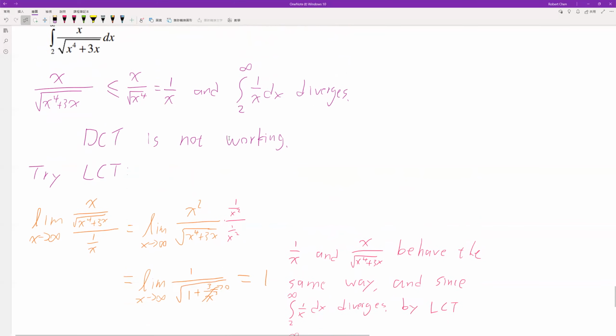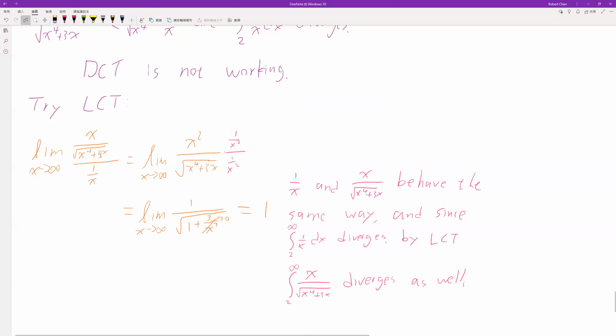So we have to use the limit comparison test, comparing these two functions, and we have shown that they actually behave the same way. Therefore, we can say that if one of them diverges, then the other diverges. And we get that they behave the same way by taking the limit of the quotient of those two functions, and then we show that it's equal to 1, which is a constant. Therefore, they grow at the same rate, and they will behave in the same way as well.